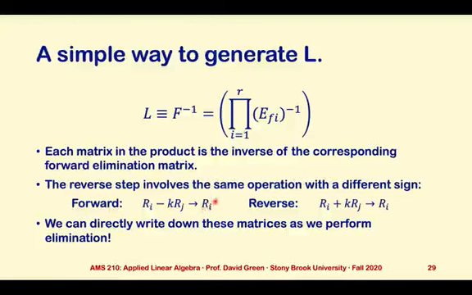To reverse that step involves simply changing the sign but otherwise applying the same operation. How do we reverse subtracting a scalar multiple of row j from row i? We add that same scalar multiple of row j back to row i. Because of this equivalence in form with just a sign difference, it is very easy to directly write down the elimination matrix for the forward step and the inverse elimination matrix very simply as we perform elimination.